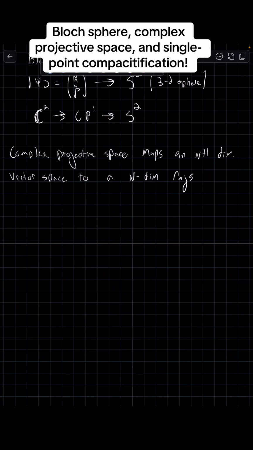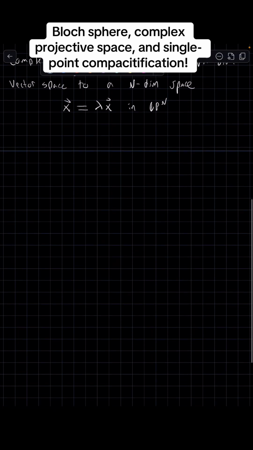And they're rays because the vector x will be exactly equivalent to lambda x in CPN. And we'll show that's true.